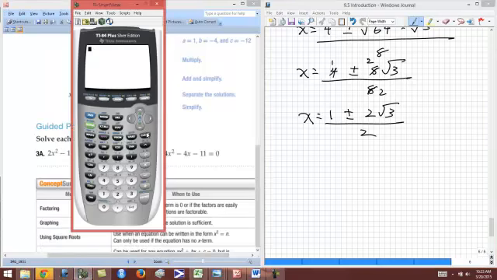All right, so let's work this out here. So we got open parenthesis, 1 plus 2 times the square root of 3, close parenthesis, the second parenthesis closes the numerator, divided by 2, and I hit enter, and let's see if that's one of our answers.